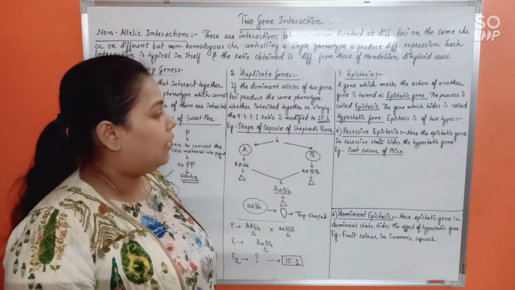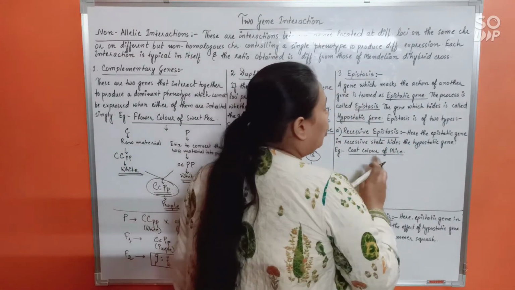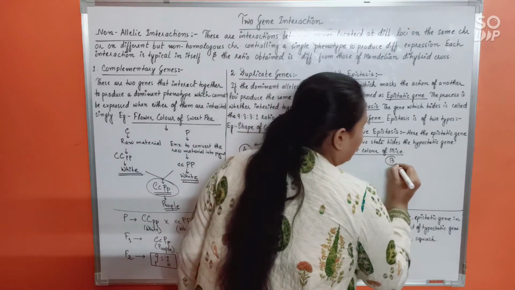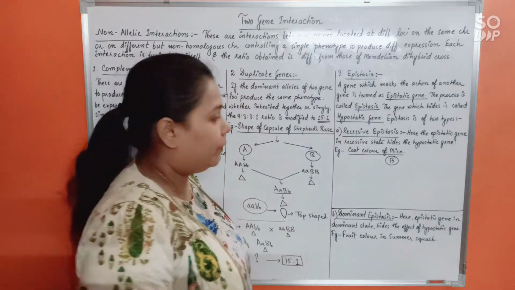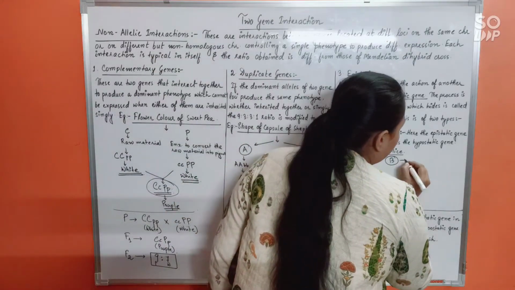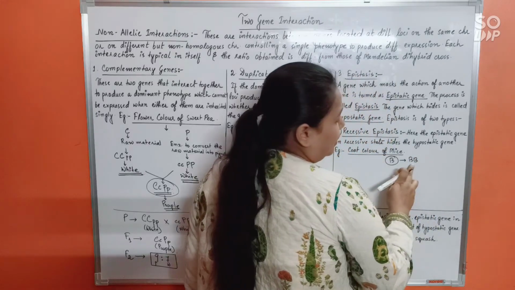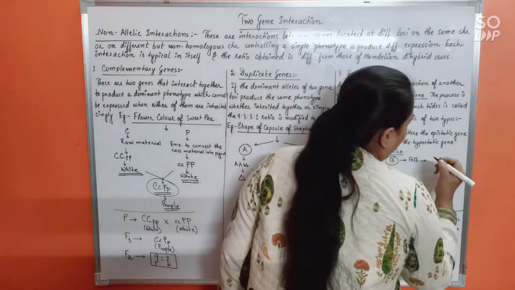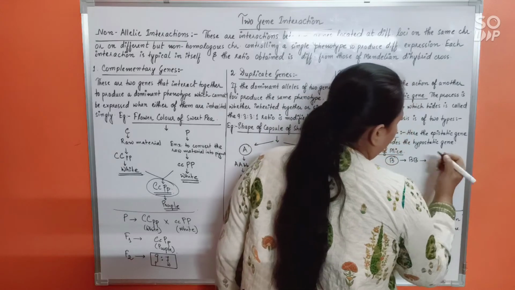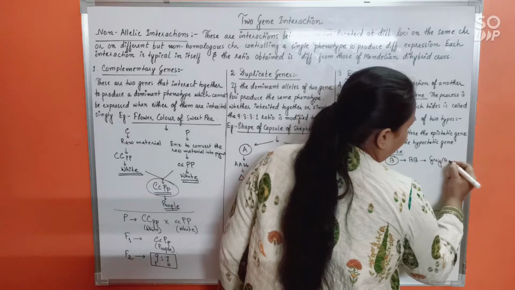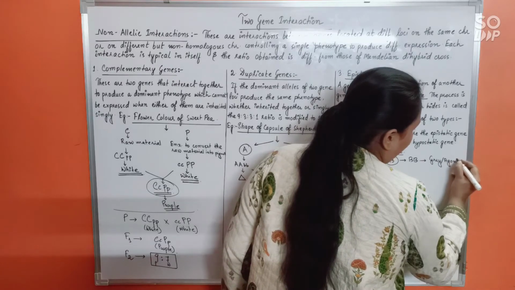Now see, suppose coat color of mice is under the control of gene B. When gene B is in this state, capital B, the color that is produced is grey, or also we call it agouti.